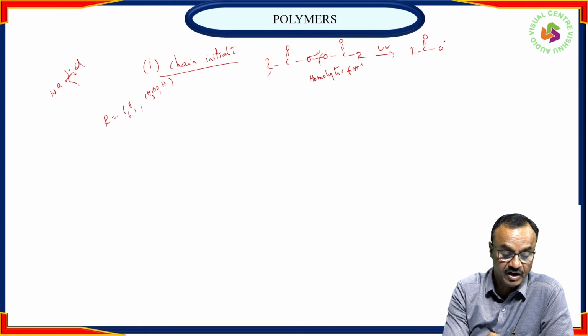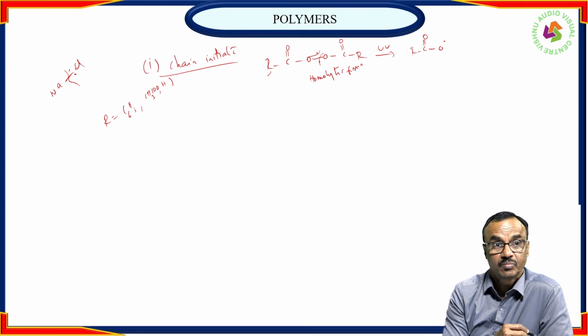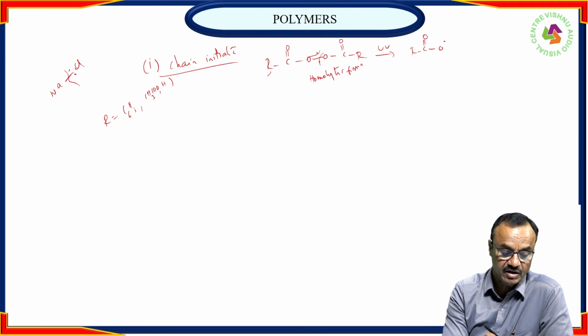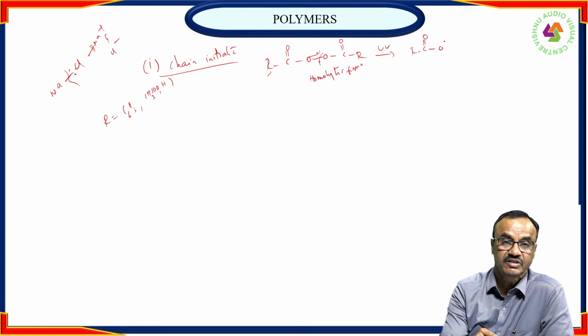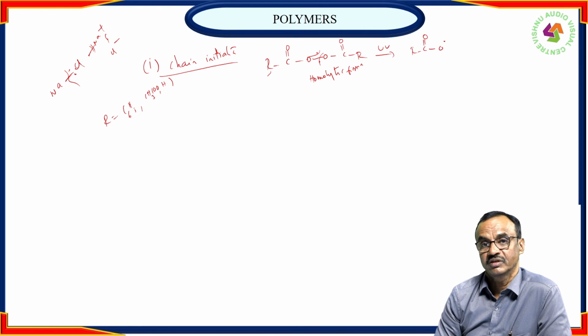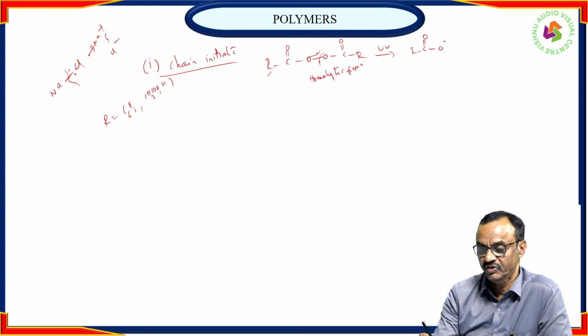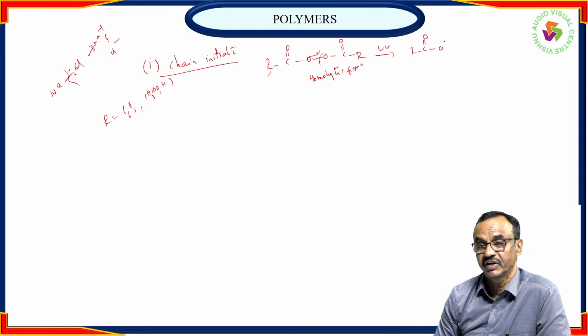While breaking, unequal breaking takes place because of the electronegativity difference. It undergoes heterolytic fission, and you will get Na plus and Cl minus ions. In heterolytic fission the products are ions. In homolytic fission, you will get free radicals.